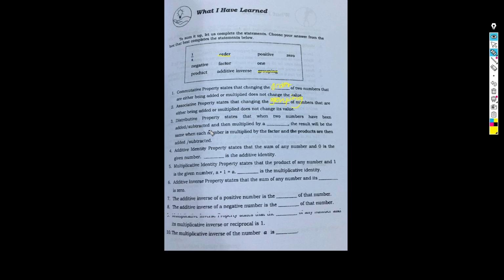Number 3, distributive property states that when two numbers have been added or subtracted and then multiplied by a factor, the result will be the same when each number is multiplied by the factor and the products are then added or subtracted.